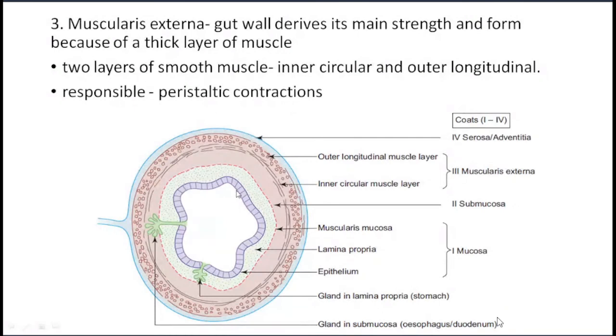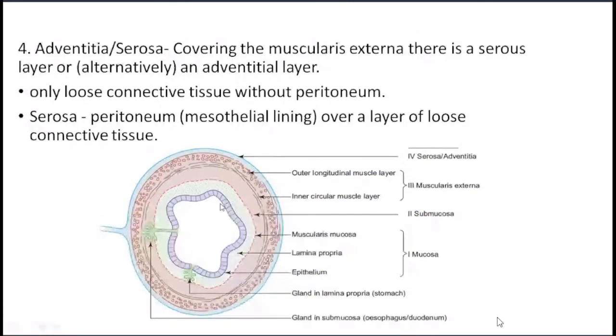So now three layers are done: mucosa, submucosa and muscularis externa. Now the fourth layer is the adventitia or the serosa. This adventitia or serosa covers the muscularis externa. There may be a serous layer or there may be an adventitial layer. Whenever there is only loose connective tissue without peritoneum, then it is the adventitia.